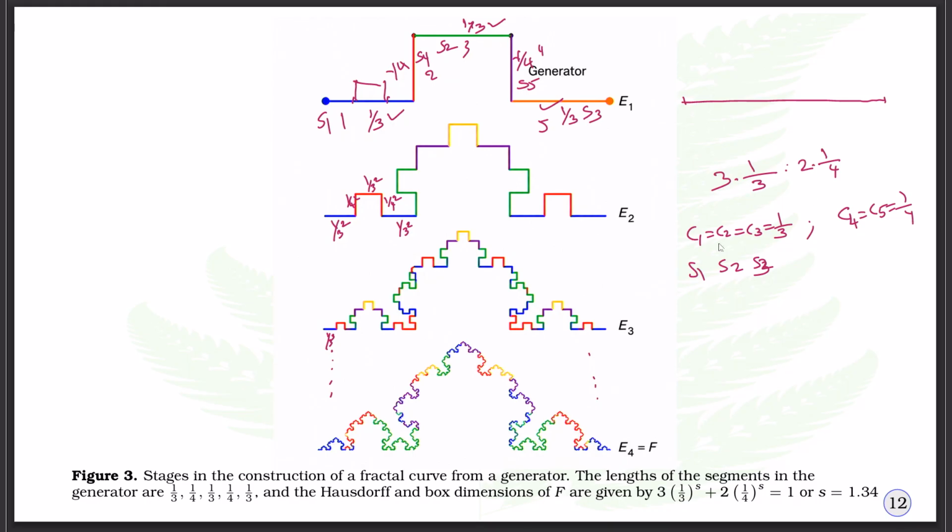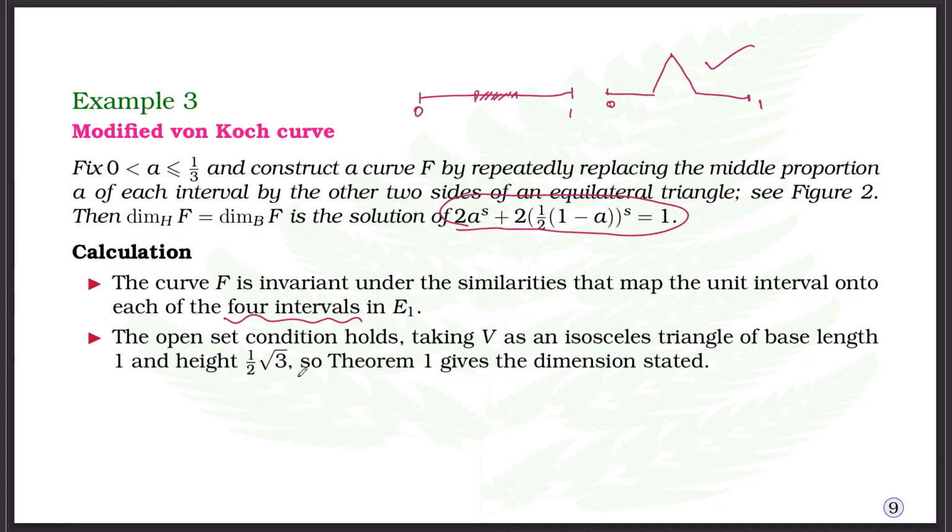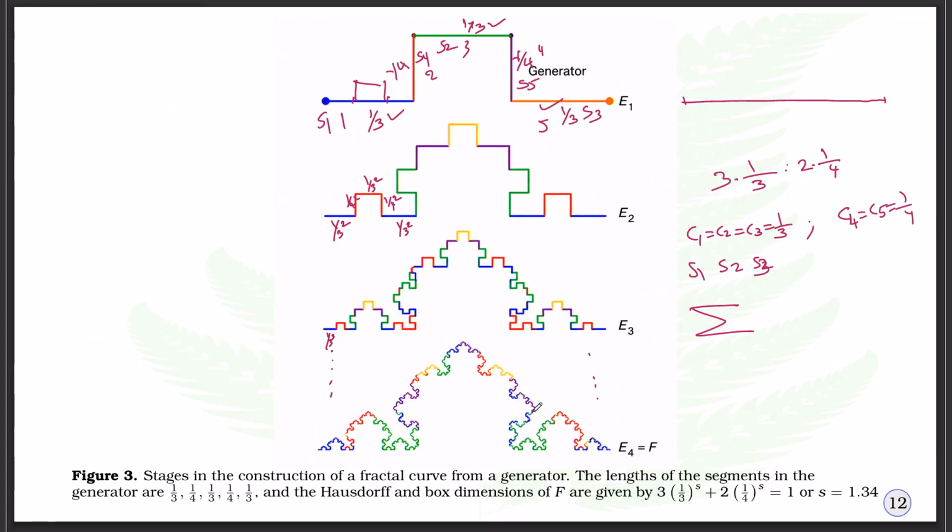So, you need 5 mappings, all as these copies, then as per our theorem it satisfies the open set condition by taking the line segment like this ratio. Then for i equal to 1 to 5, Ci power s equal to 1.